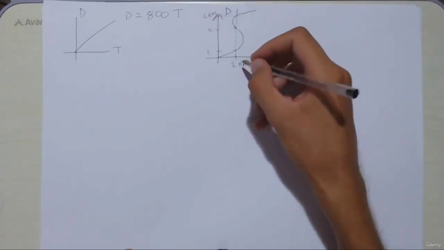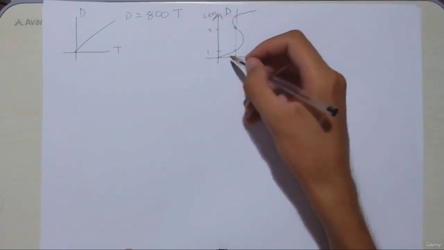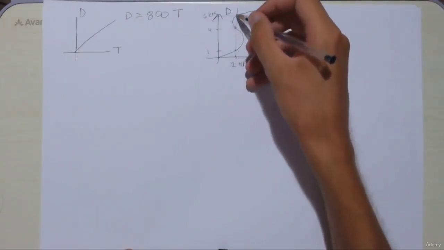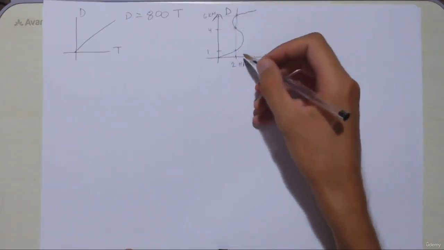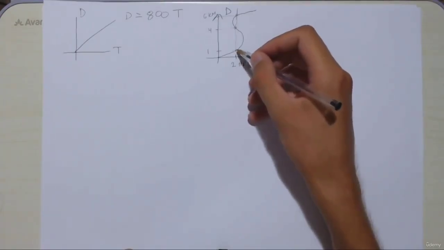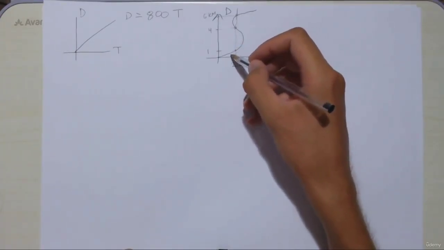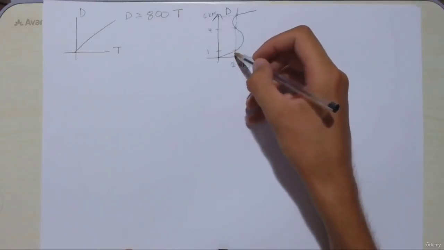Now, it's impossible for the airplane in 2 hours to cover 1, 4, and 6 kilometers. And in fact, if you generalize it in the world of functions, then something like that cannot be a function.